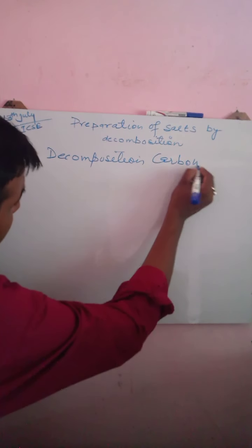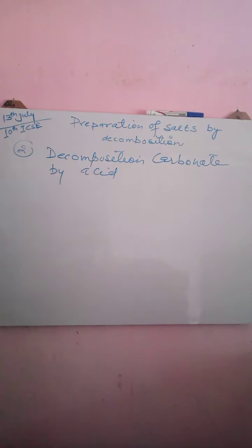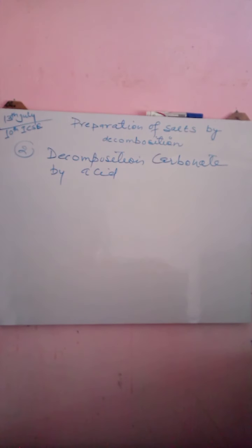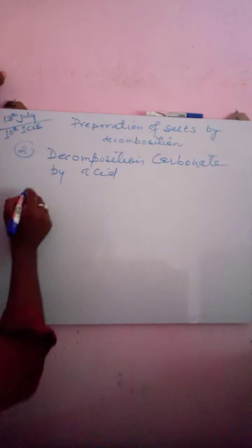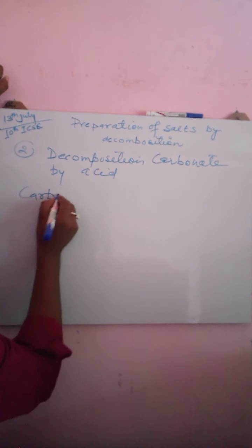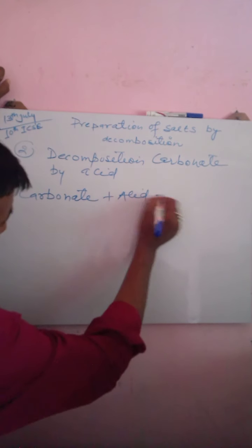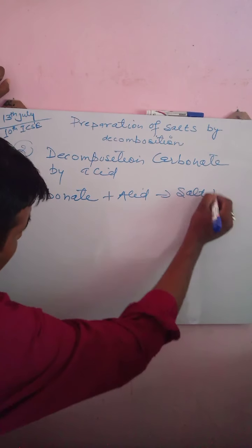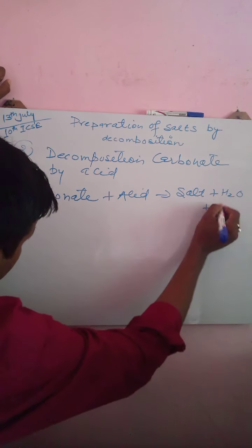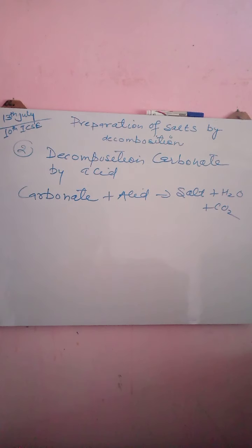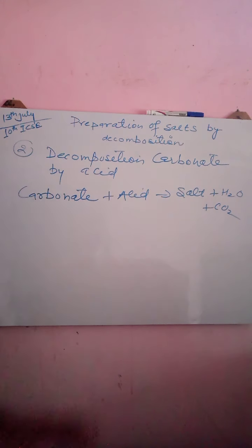See, same product. Carbonate plus acid gives out salt plus water plus CO2. Common reaction. Carbonate plus acid undergoes decomposition to form salt plus water and carbon dioxide gas.